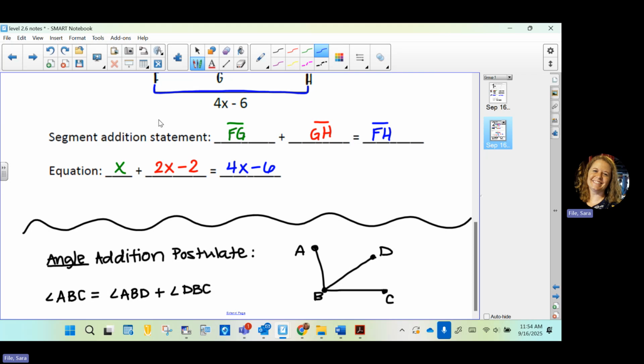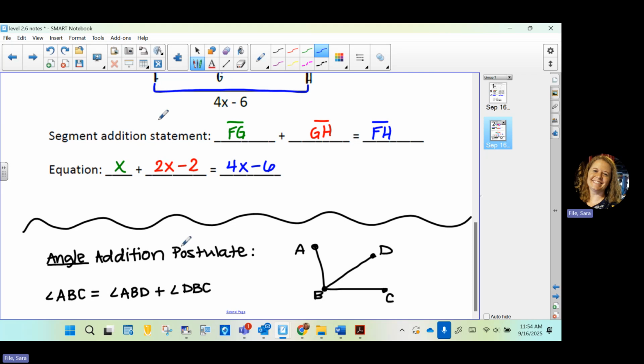I just wanted to refresh on the angle addition postulate. It's the same concept. We talked about this in unit 1. You have this whole big angle ABC. If it has a ray or a line or a segment coming through it, it creates two smaller angles. Those two smaller angles have to add together to equal the big angle.